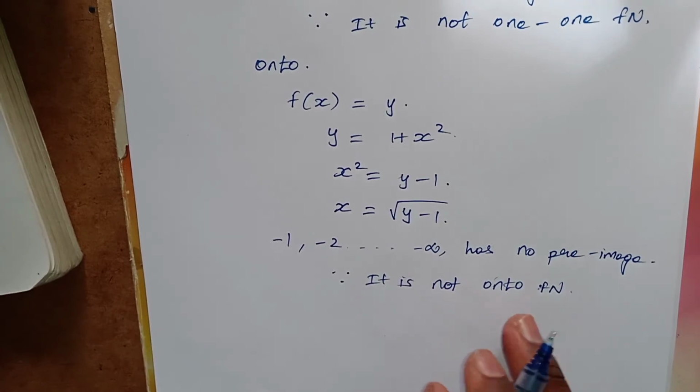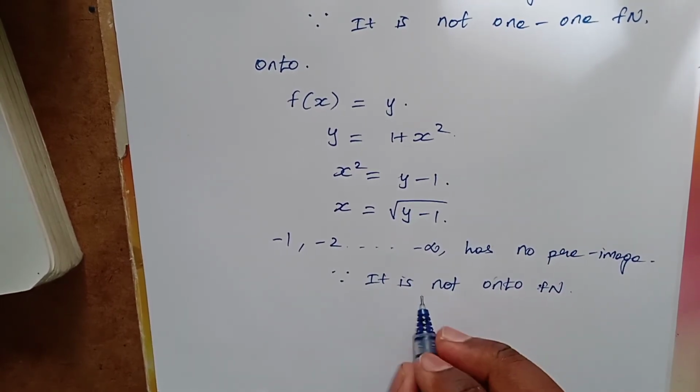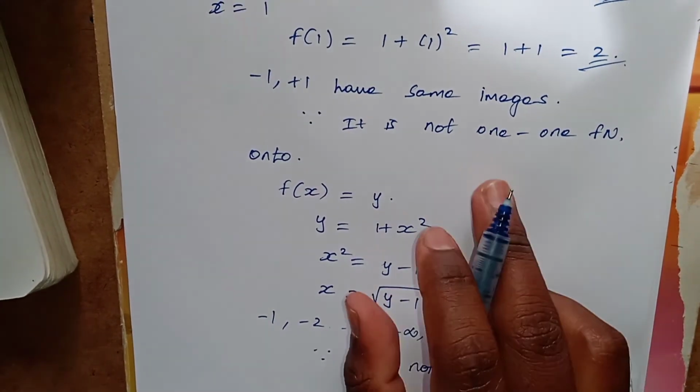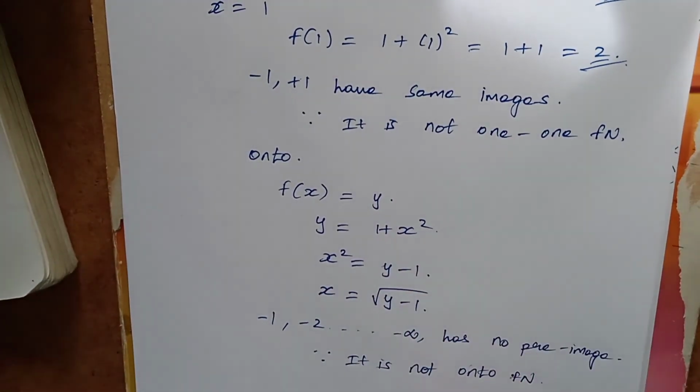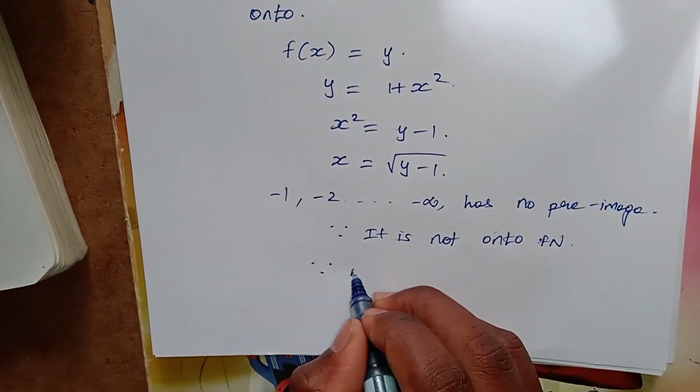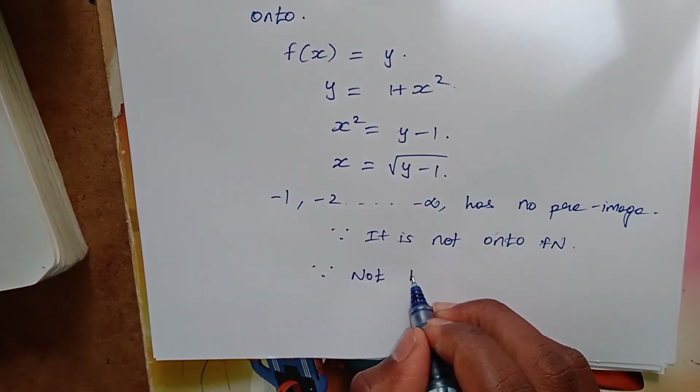Not onto means here it is an into function. Here it is not satisfying both the 1-1 function and onto function. Here it is not bijective.